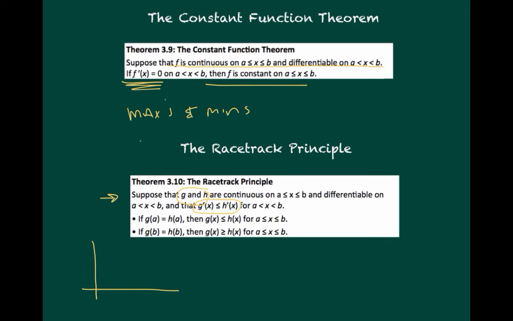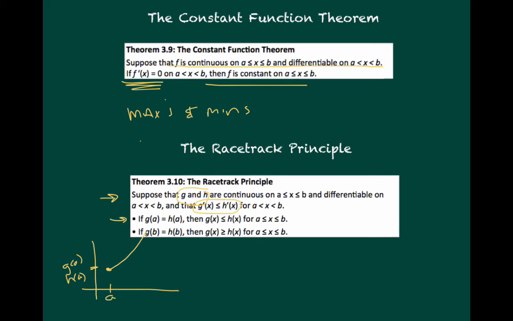So it says that if g of a and h of a are equal, so that means there's some point a where g of a and h of a are the same y value. Since the derivative of h is greater, it's going to increase faster.